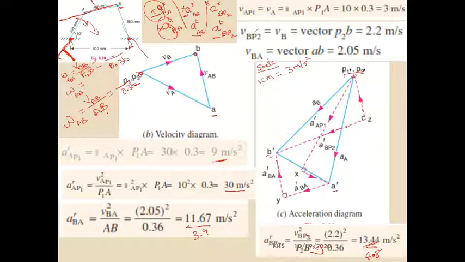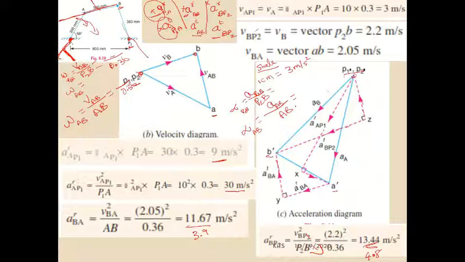Okay. What else do we have to find? We have to find the angular acceleration. For angular acceleration, measure the acceleration of P2B and divide by the length of P2B, and here also the acceleration of AB divided by the length of AB.